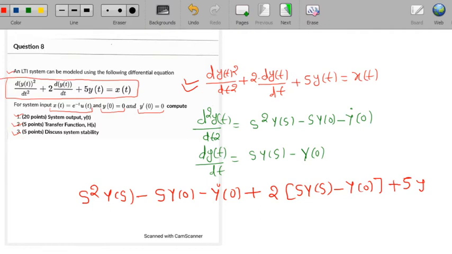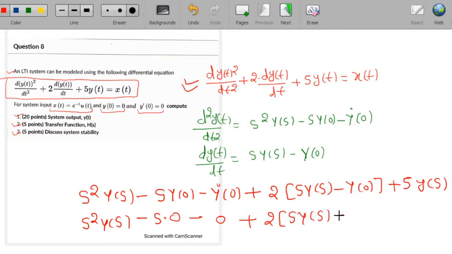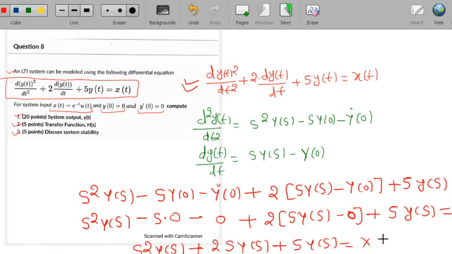We put the values: s square Y of s minus s times y of 0, and y of 0 is 0, so we put 0 here. This y dash 0 is also 0. Plus 2 s Y of s, y of 0 is 0 so we put 0, plus 5 Y of s equal to X of s. Correct, my friend? Till here we get s square Y of s plus 2s Y of s plus 5 Y of s equal to X of s.